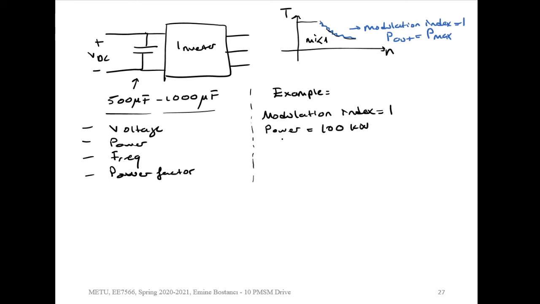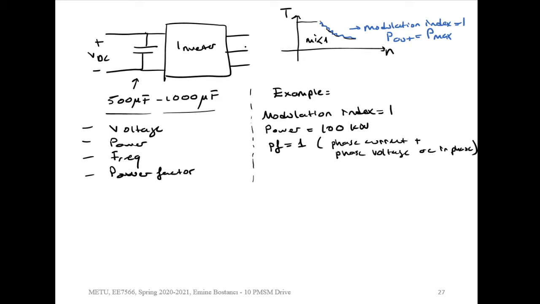And moreover, for the power factor, I'm just going to assume it is 1. It means that the phase current in the inverter side and the phase voltage are in phase. So we are looking at such a situation.